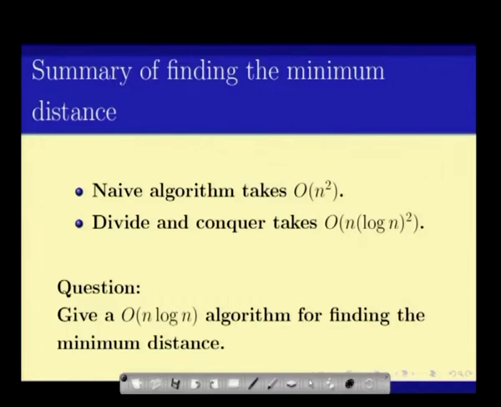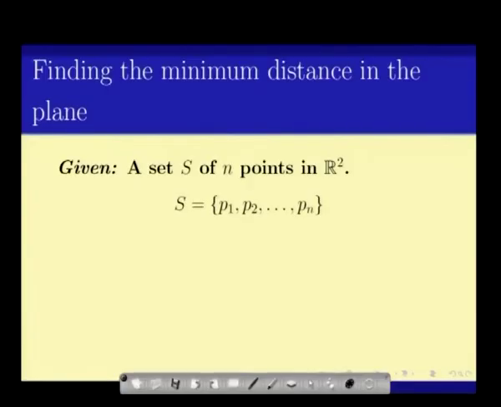Now let us try to generalize this problem, and here we get one of the most interesting and most used problems in the field of computational geometry and many other areas like machine learning. We have been given n points in R2.